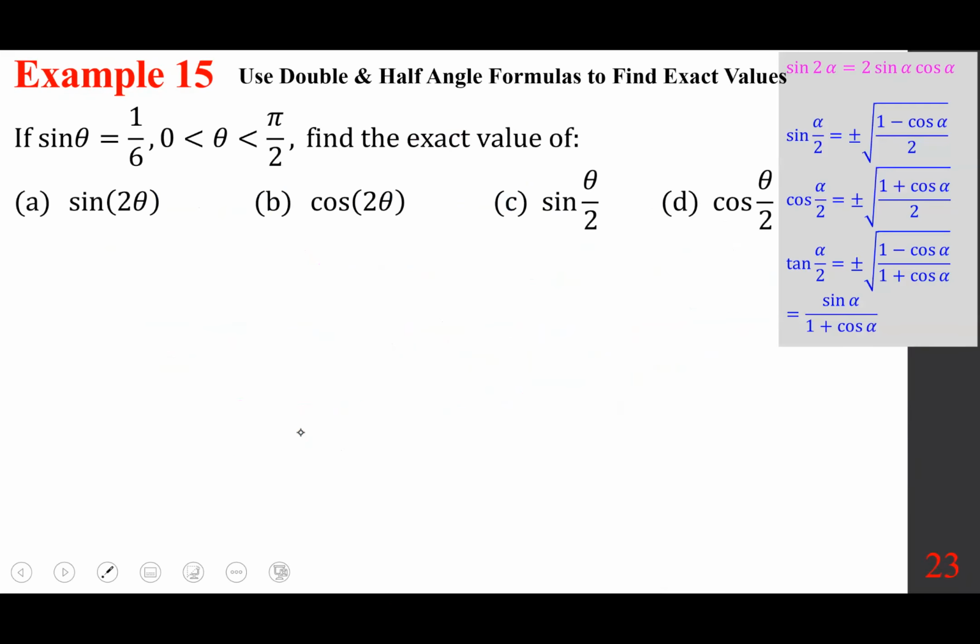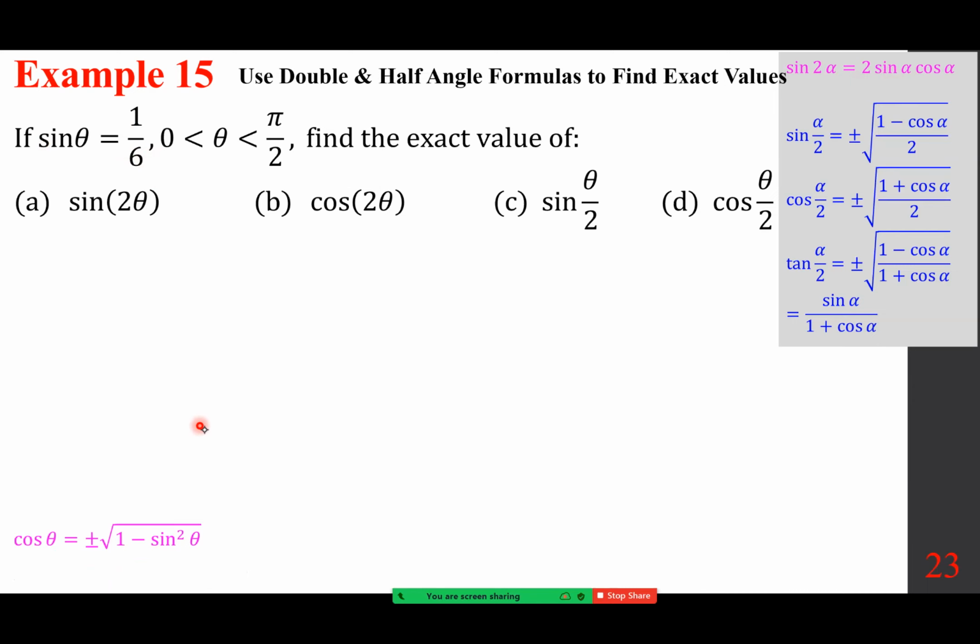We want to establish sine of 2 theta, cosine of 2 theta, and so on and so forth, when sine theta is 1/6 and theta is between 0 and pi/2. So we need to find cosine theta because we know, for example, sine 2 theta is 2 sine theta cosine theta. So from the sine, let's find cosine using plus or minus the square root of 1 minus sine squared theta.